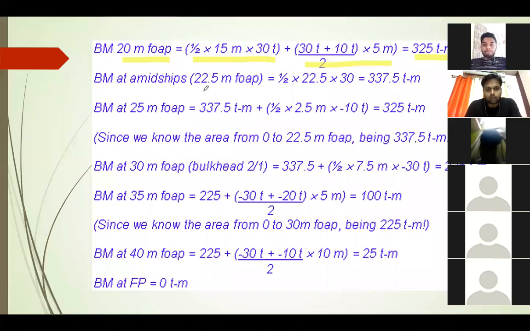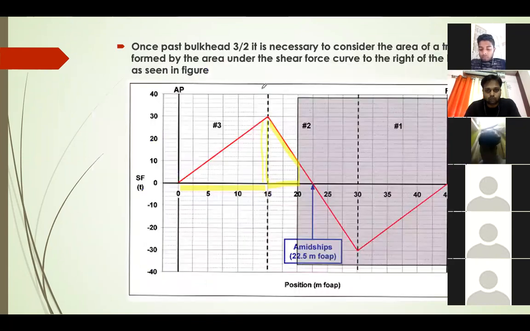Now again, bending moment at 22.5 meters, that is at midship. Your vessel is 45 meters, so your midship is 22.5. So to calculate BM at 22.5, that is basically at this point, at midship, we can take one whole triangle here. Basically, at whatever place you're going to calculate, the left portion of it, whatever area, has to be calculated.